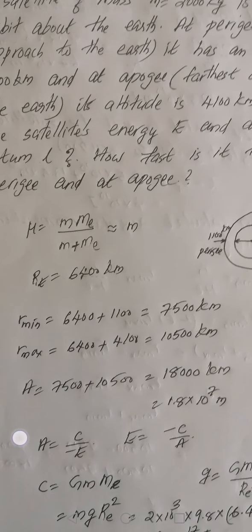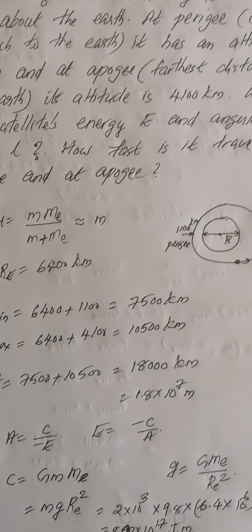And we know 2a is r minimum plus r maximum. Therefore 2a is equal to 7500 plus 10500, that is 18000 kilometer, or 1.8 into 10 raised to 7 meter.